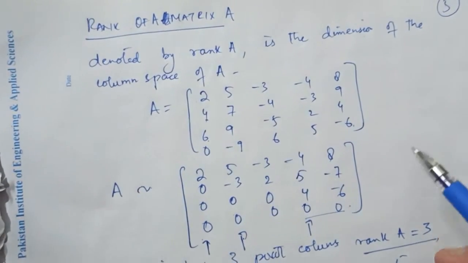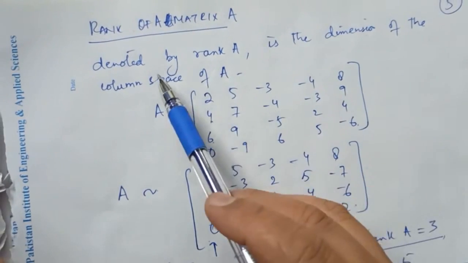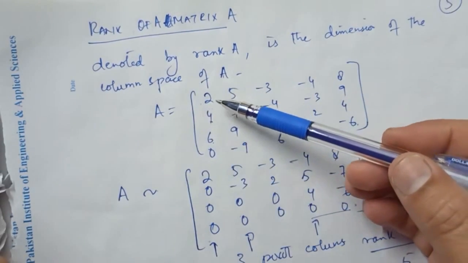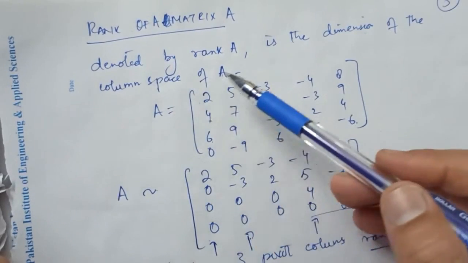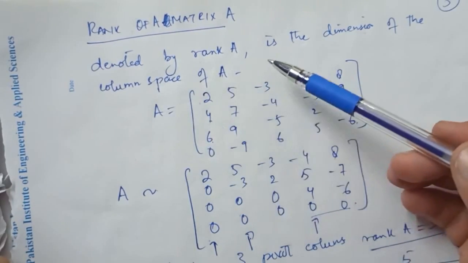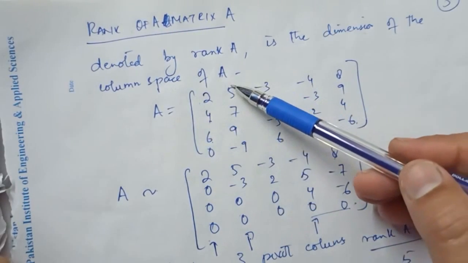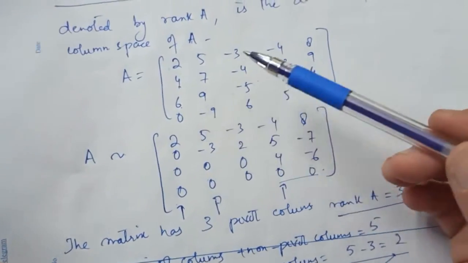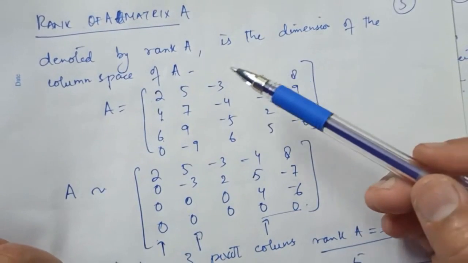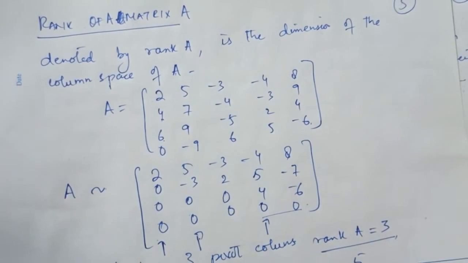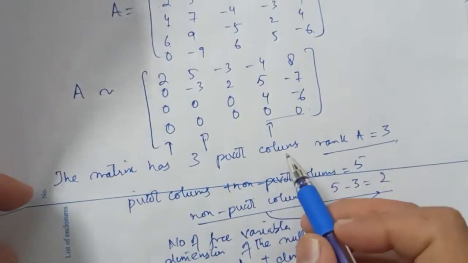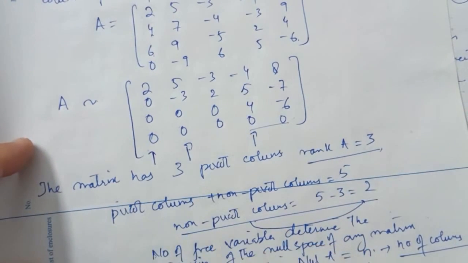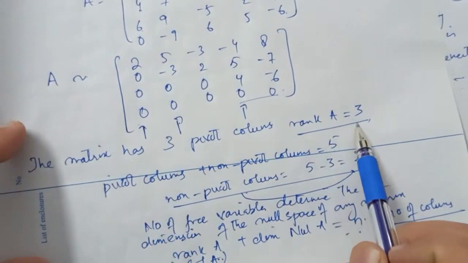Similarly, we moved on to define the rank of the matrix, which is the dimension of the column space of A. So to determine the column space of A, we have to determine the number of linearly independent vectors in A. Alternatively, we can find the pivot columns in A. When we did some reduction, we found that the matrix has 3 pivot columns, and in this case the rank of A is 3.